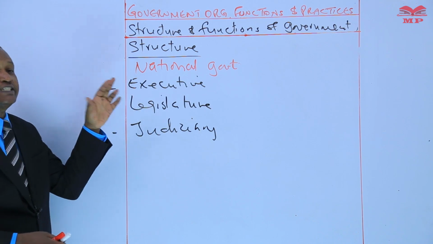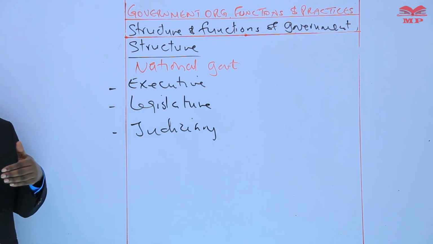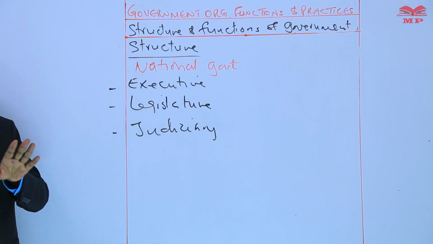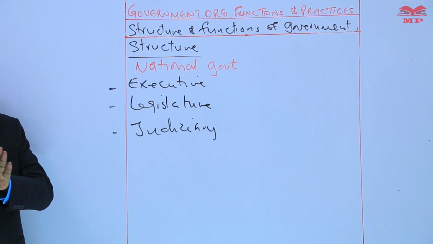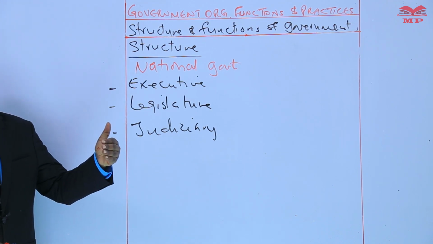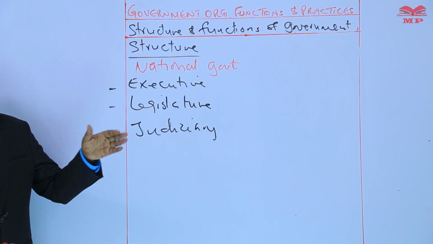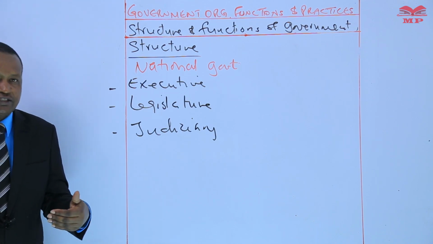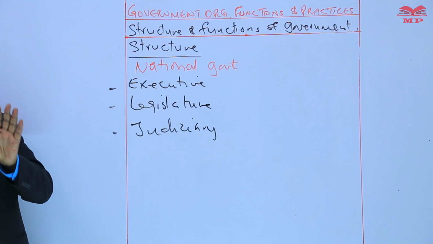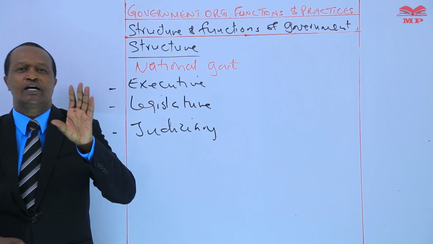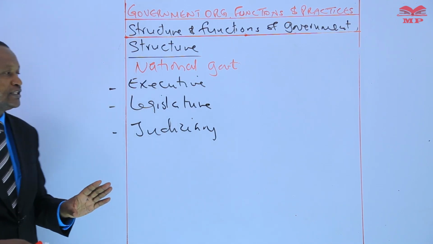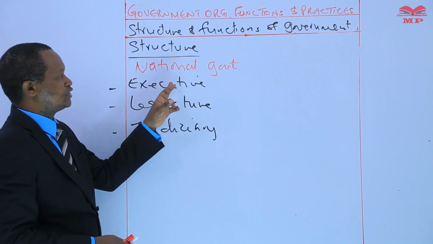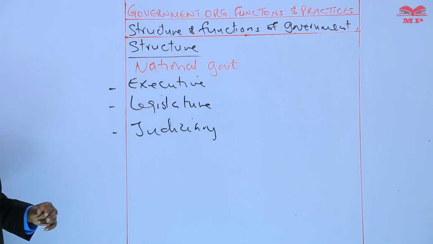The first one is the executive. This executive branch is headed by the President of Kenya, who is also the head of state and government. The President is assisted by the Deputy President and the Cabinet, which is composed of cabinet secretaries appointed by the President. That is the executive branch of the national government.